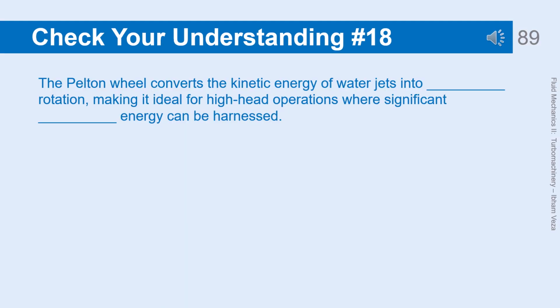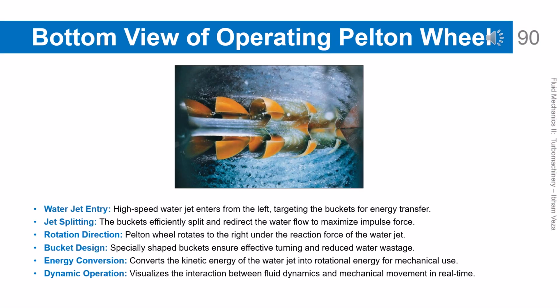The Pelton wheel converts the kinetic energy of water jets into mechanical rotation, making it ideal for high-head operations where significant potential energy can be harnessed. Bottom view of operating Pelton wheel. This bottom view shows how the water jet strikes the buckets and is split by the splitter ridge.